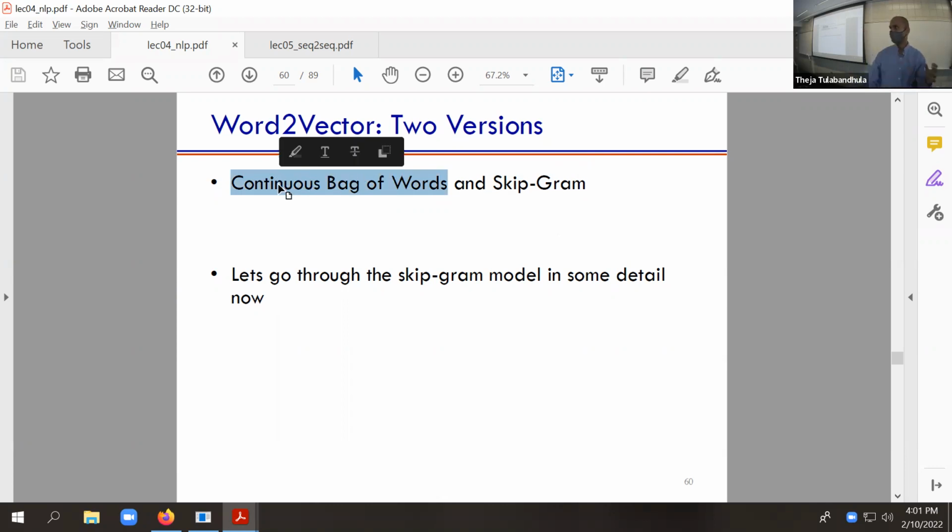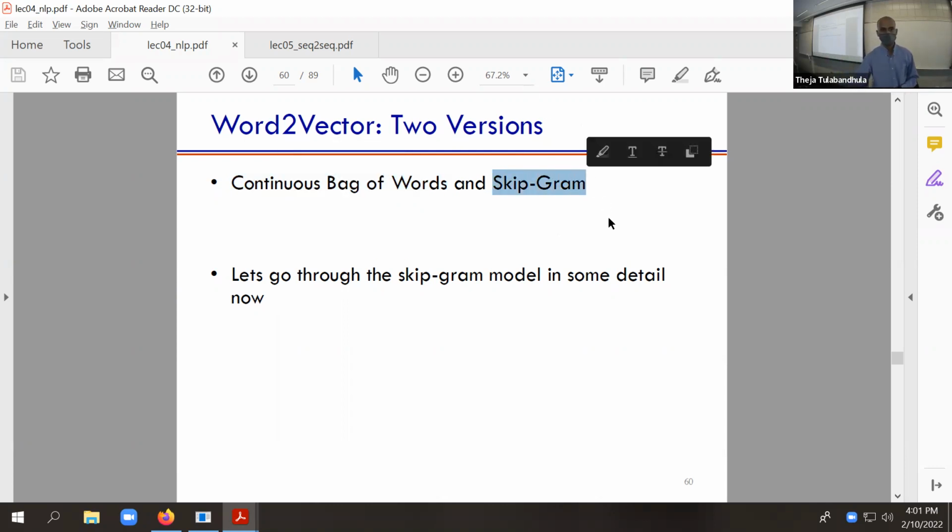We'll keep that aside and make the connection towards the end. Let's focus on skip-gram, because that's just a one hidden layer neural network, in fact, one hidden layer with no nonlinearity. You may wonder why we're deleting the nonlinearity, that seems crazy, but we'll talk about this in detail.